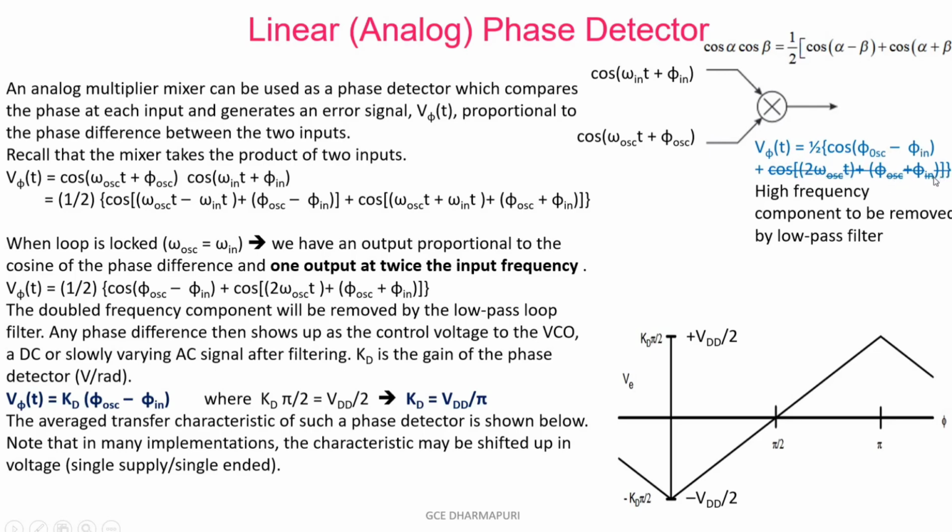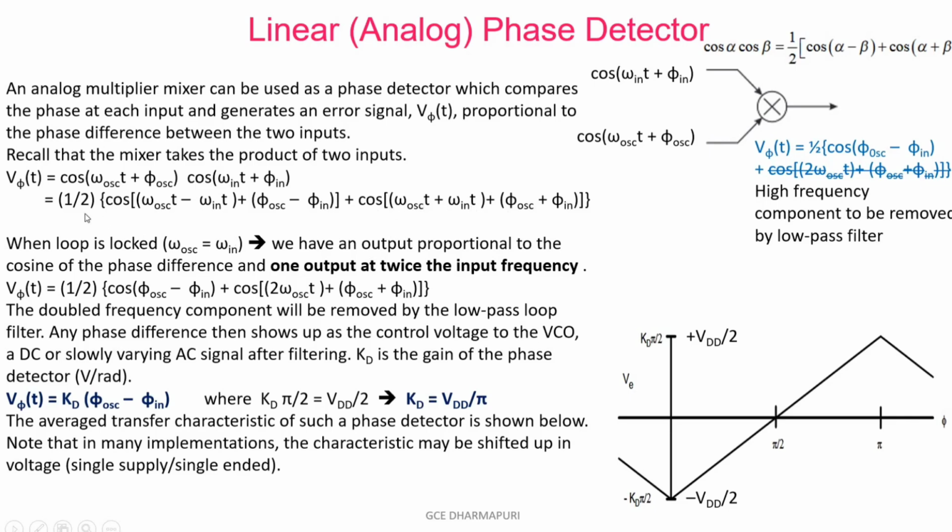So here, as the output is given to a low pass filter, this high frequency component gets removed. So when the loop is locked, that is omega OC is equal to omega in, you can see the 2 omega OC term, this whole term, gets cancelled out.